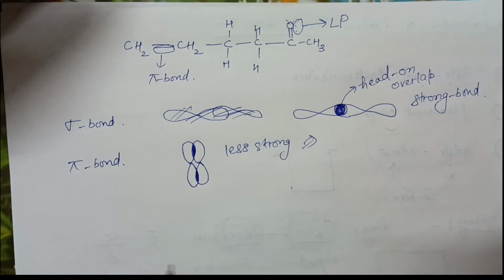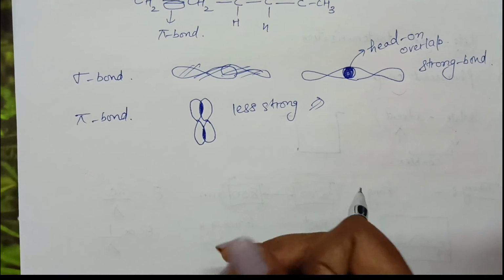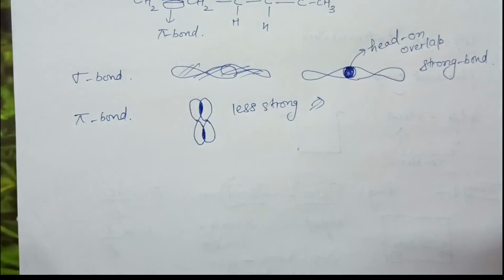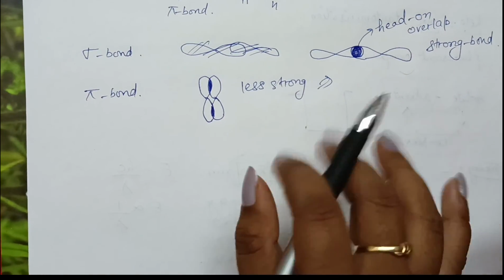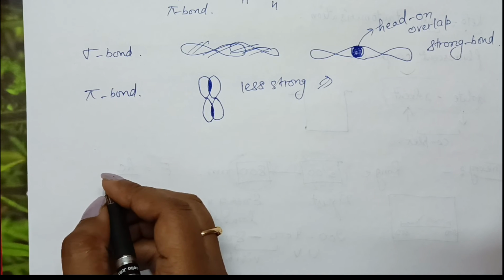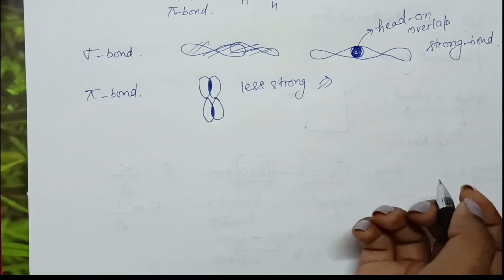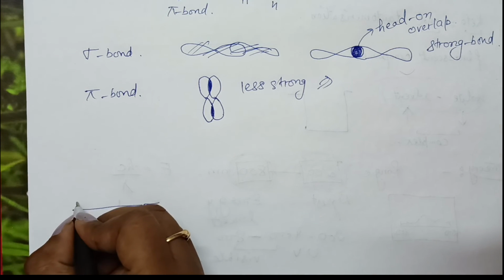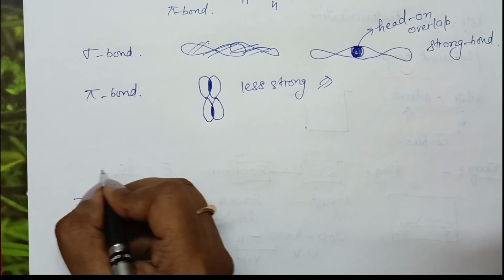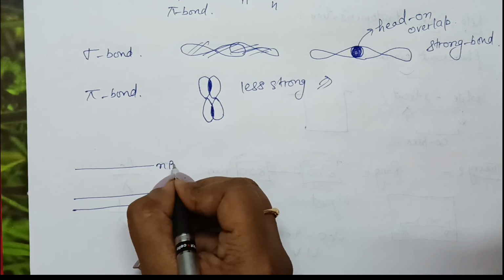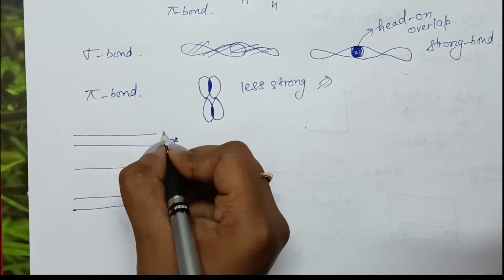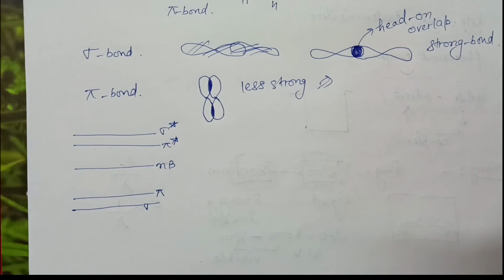Now we will try to look at the energy levels. If we consider the sigma bonds, pi bonds, and also the lone pairs, right? If we try to draw an energy level diagram, sigma will be here, followed by pi, then non-bonding, then pi star, and then sigma star. These will be the energy levels.